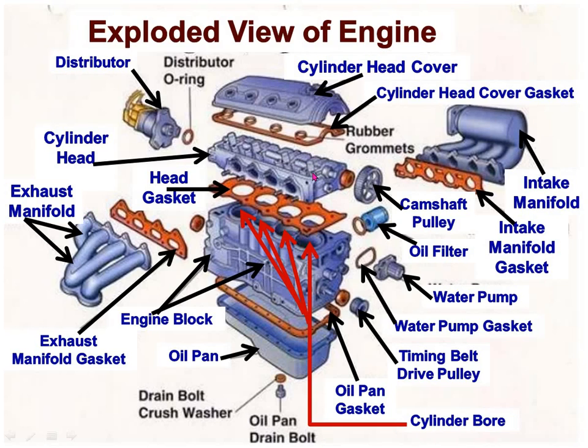Cylinder head is attached with the cylinder block with the head gasket, so there will be no leakage of gases. In the cylinder block, there are a number of cylinders or cylinder bores according to how many cylinders there are. Means 2 cylinder, 4 cylinder, 6 cylinder.